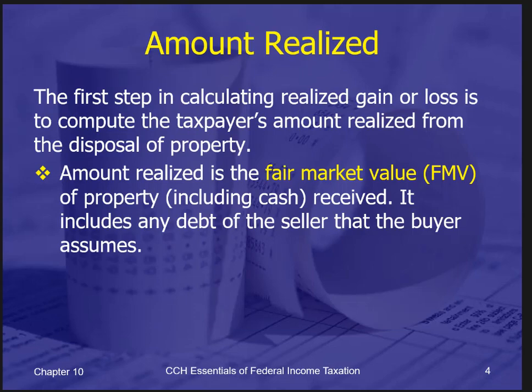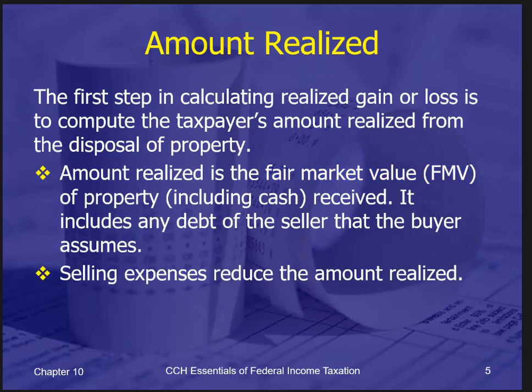So if someone buys your house and assumes your mortgage, then the amount you realize or receive is the amount of cash they give you plus the mortgage that they assume. Selling expenses always reduce the amount realized. Closing costs, that sort of thing.